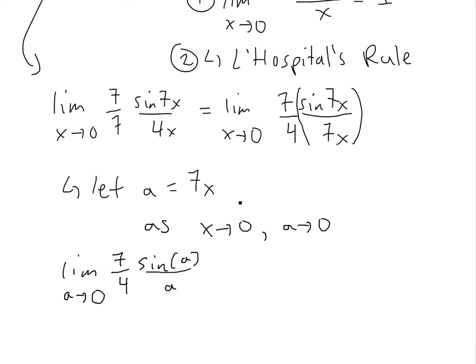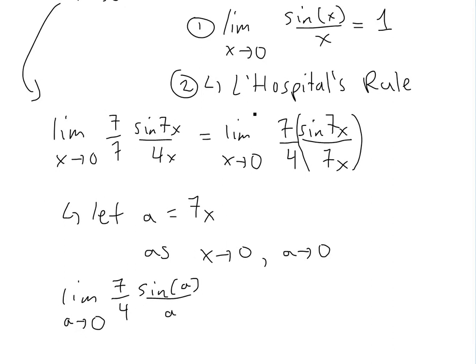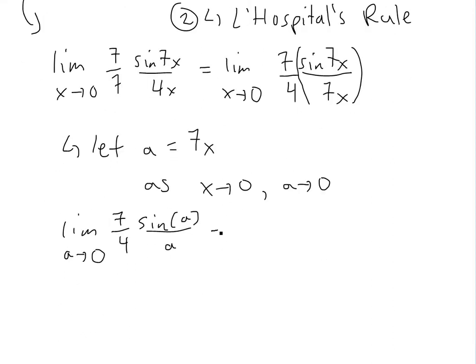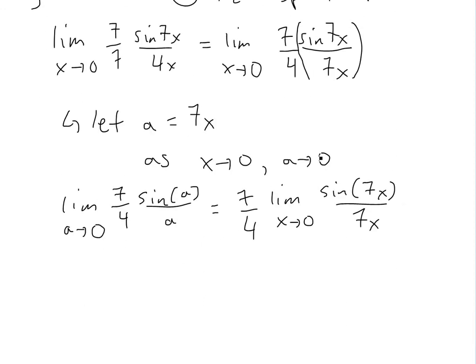This 7 in front doesn't change anything, so we could apply the same thing and put the 7 over 4 out front. We could either keep the a or go back to the x: the limit as x approaches 0 of sine 7x over 7x. This is the exact same thing as the property, and this equals 1. So we have 7 over 4 times 1, which equals 7 over 4.